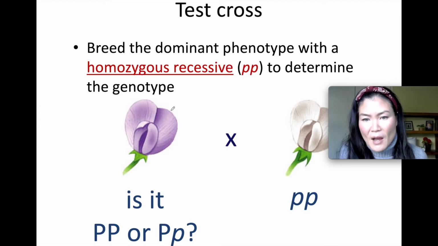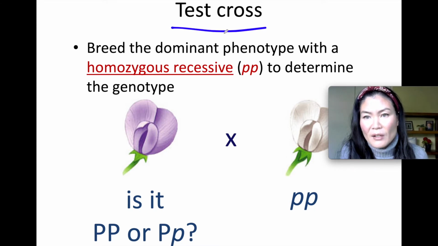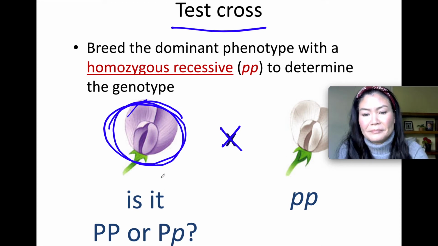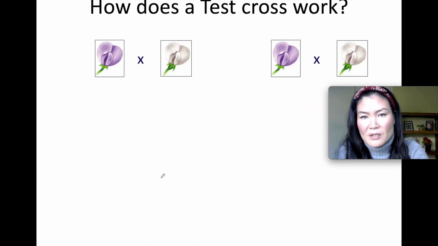So here you have a purple dominant phenotype. Is it big P or big P, little p? You're going to do a test cross. Cross means pollination. Test cross with a little p. This is going to tell you the genotype of this flower with the dominant phenotype. And this is how it works. How does a test cross work?